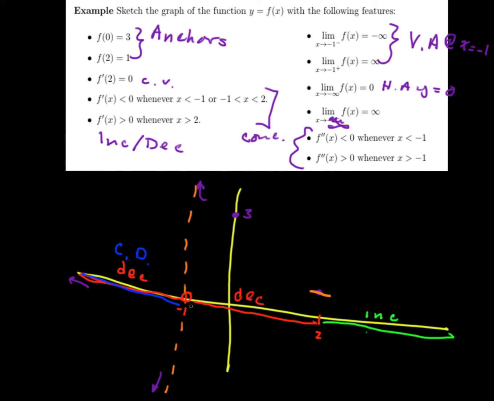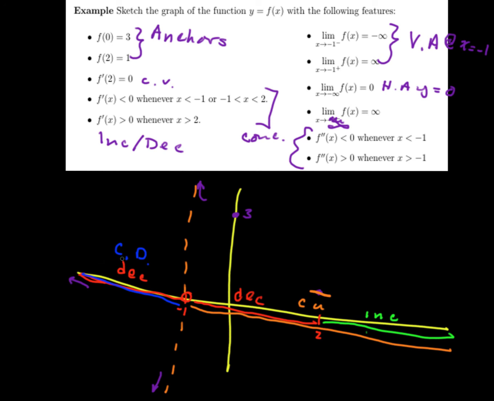So everywhere from here on, it'll be concave up. And now let's just put all this information together. So I know that as x goes to negative infinity, it's going to 0. Can it cross this x-axis? Well, if it did, say it's coming this way and it crosses the axis and then comes back down.